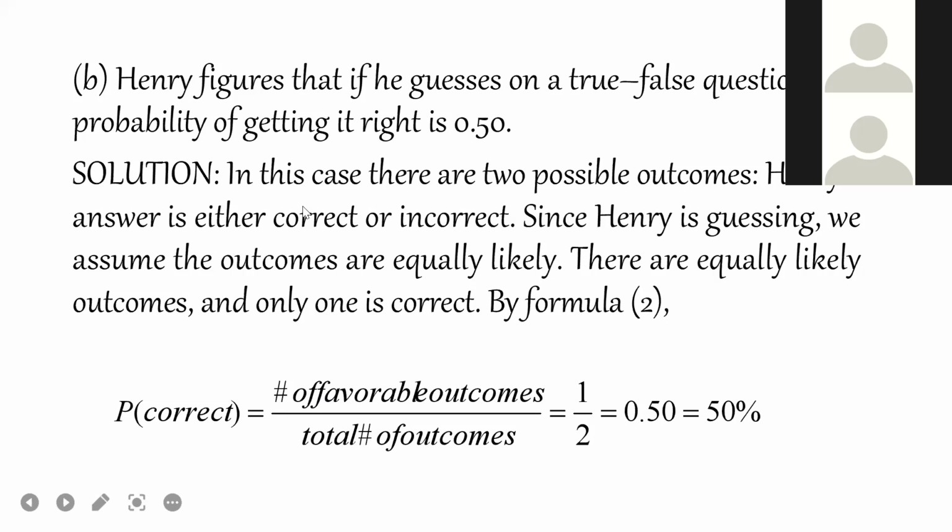Henry's answer is either correct or incorrect. Since Henry is guessing, we assume the outcomes are equally likely. Pwede kasi tama yung maging sagot niya or mali. And only one is correct. So, using the formula, this will be the probability of an event that Henry will get the correct answer.